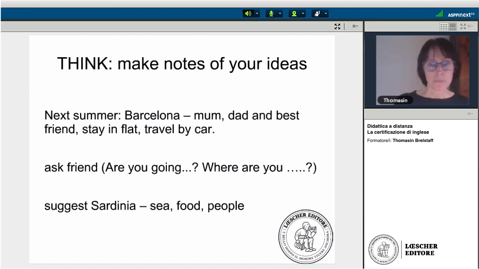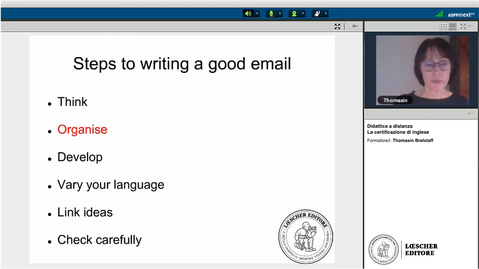So let's move now to the second point in the list, which I said I'd look at with you. This is organize. Here I'm referring to organization of what you're going to write.